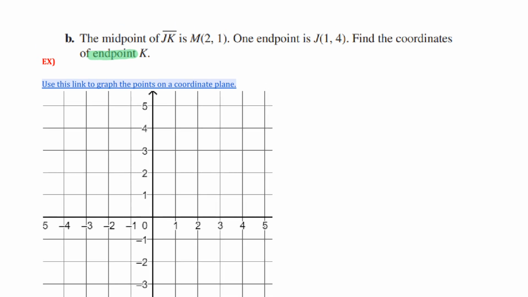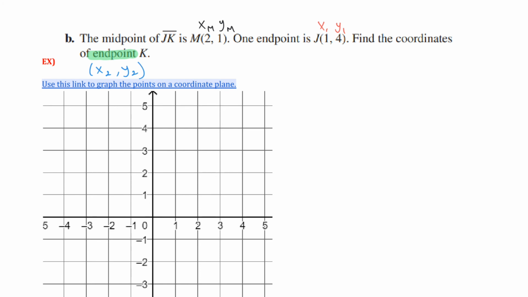So because we're already given the midpoint, I'm going to go ahead and take this moment to label our midpoint as xm, ym. So those coordinates are already provided to us. One endpoint is J, so let's go ahead and call that x1, y1. And then the coordinates that we're looking for are going to be x2, y2.